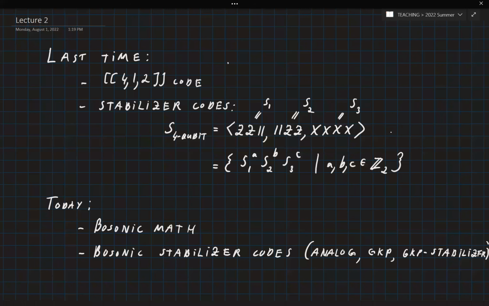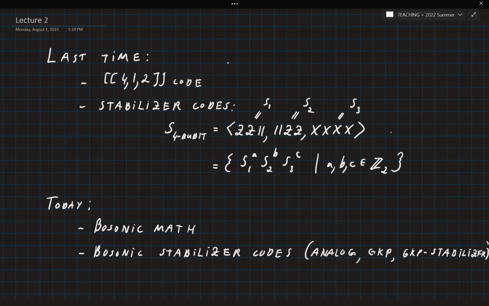That's just a convention. But it's basically a set of commuting operators that admit a joint +1 eigenvalue eigenspace that forms a stabilizer code. And we're going to take this stabilizer code idea and run with it and port it over to the world of harmonic oscillators.